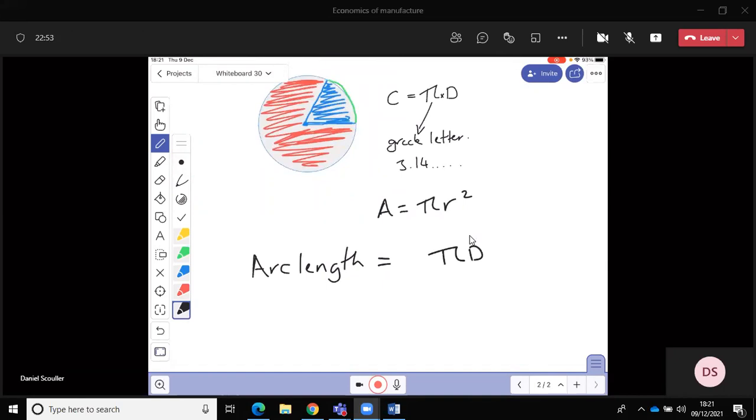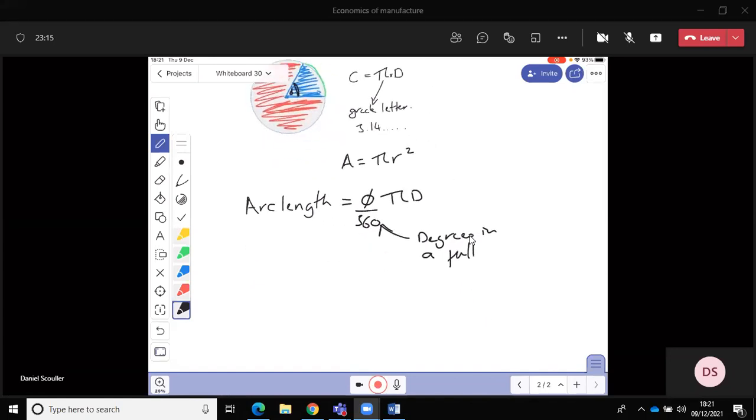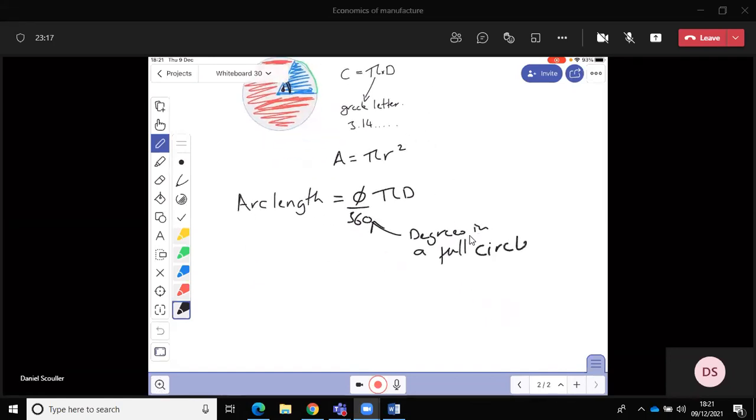But what you need to add in is the angle in here, divided by 360. And why do we divide by 360? Well, that's how many degrees are in a full circle. It's as simple as that.